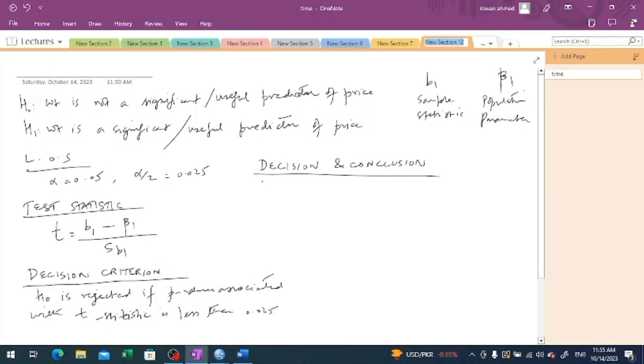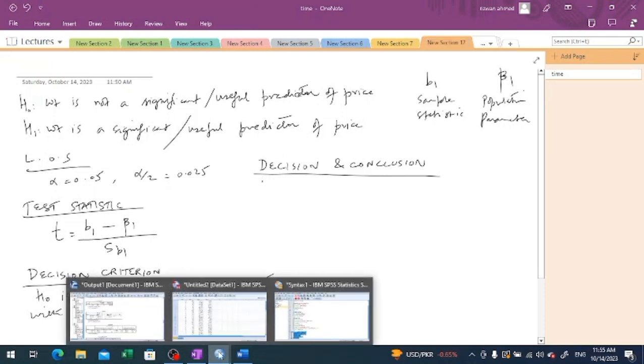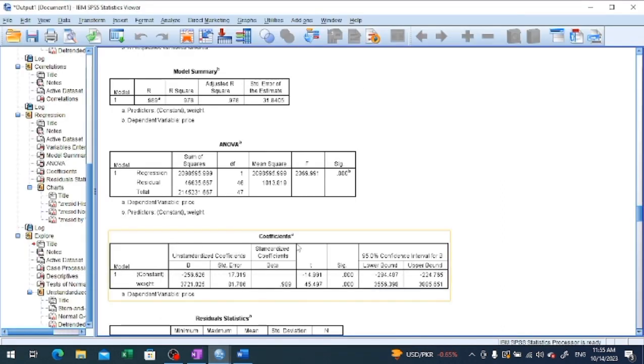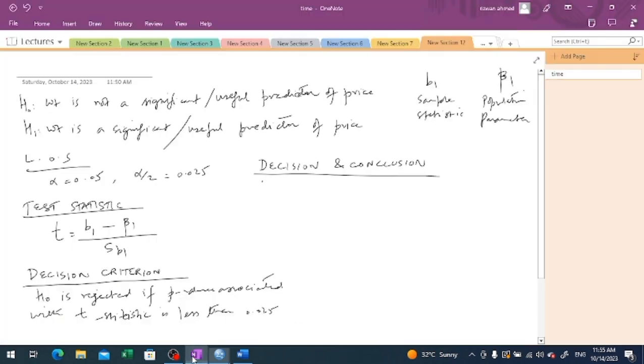And for this, we need to look at the results in the coefficients table. In coefficients table, you can see that the weight has a t-value of 45.497. That is indicating again a positive relationship because t-value is not negative, it's positive. And corresponding or associated significance is 0.000. So H naught is clearly strongly rejected.